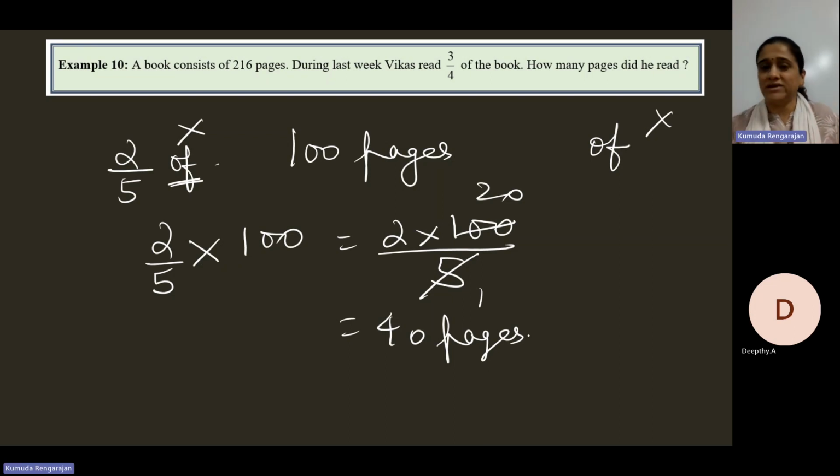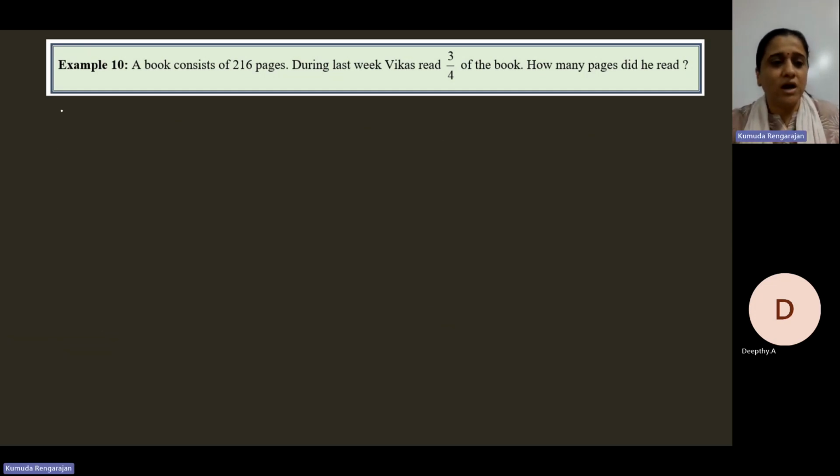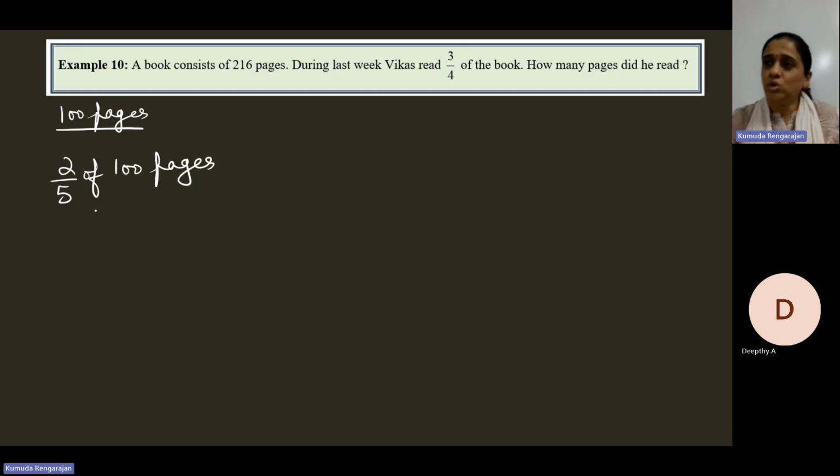Now there's another way of finding it. See here. So what is the situation? A book has 100 pages and you have read 2/5 of 100 pages. So how many pages have you read? 2/5 into 100 you have read.